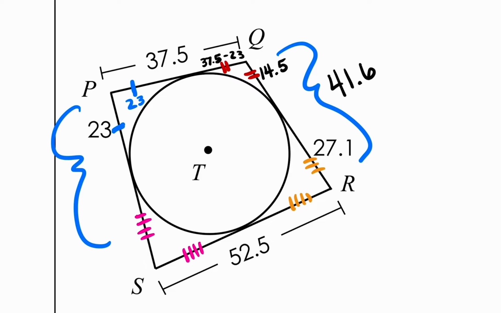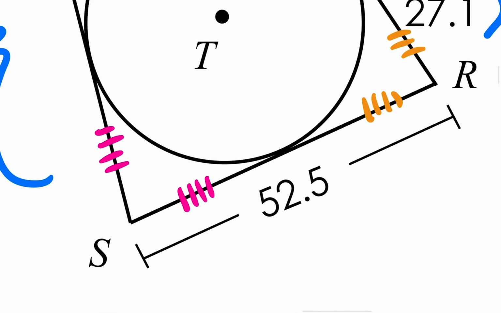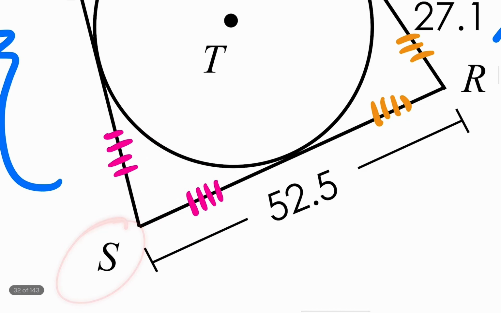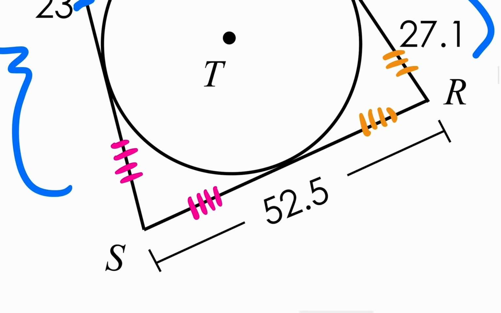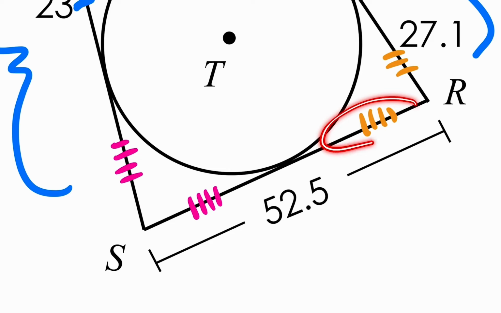And over here, it looks like the only thing we're given is that, if I zoom in, these two are congruent, knowing that they come from S because of what we marked earlier. So for this little sliver here, I am going to subtract this piece from the entire side, something we did on the other side, right?